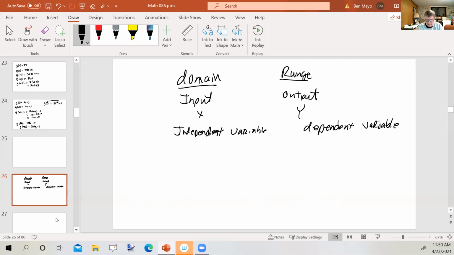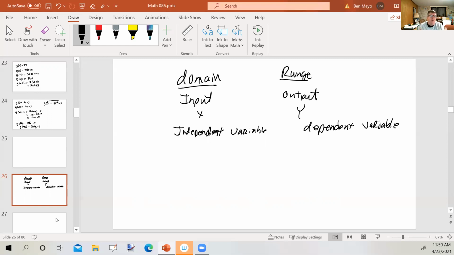Now, what do I mean by that? Well, independent variable, the input is not controlled by the output, but the output is controlled by the input. So what goes in determines what comes out, not the other way around.